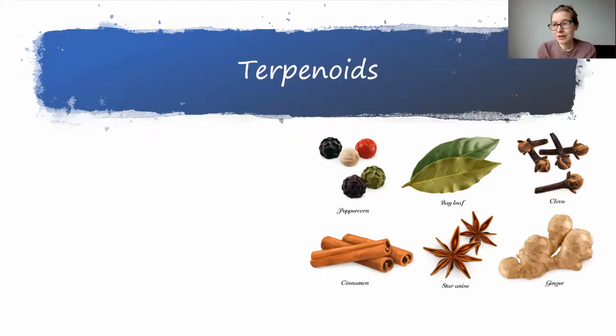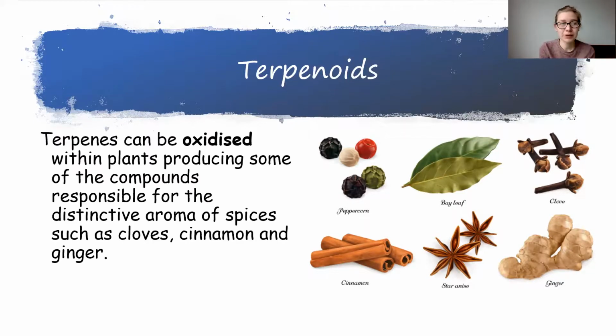We also need to be familiar with this term terpenoid. Terpenoids are formed from oxidizing terpenes. So terpenes can be oxidized within plants, producing some of the compounds responsible for the distinctive aroma of spices such as cloves, cinnamon, and ginger.